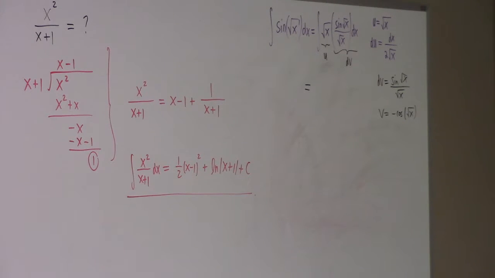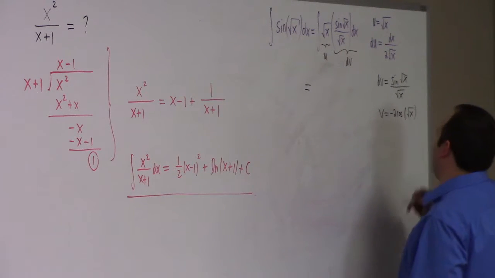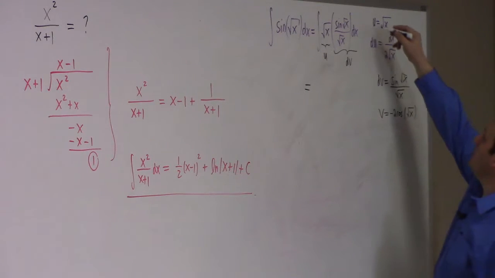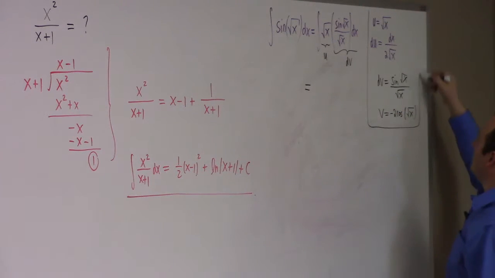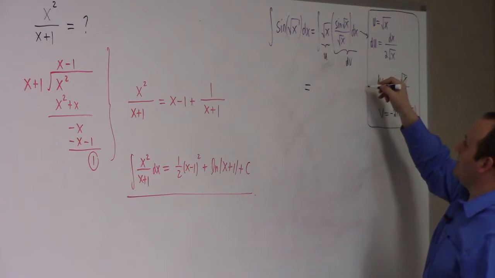The derivative of square root of x is 1 over twice square root of x. There's an extra 2 I don't want, so multiply by 2. Now they cancel. In other words, the integral of this is that. I just ran out of board space, so I'm just doing it in my head.